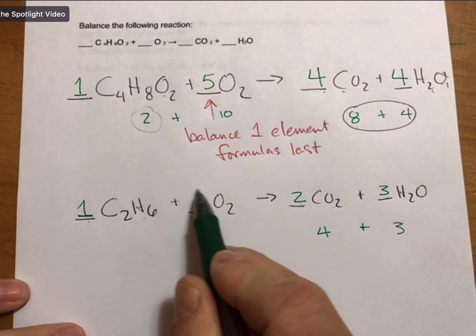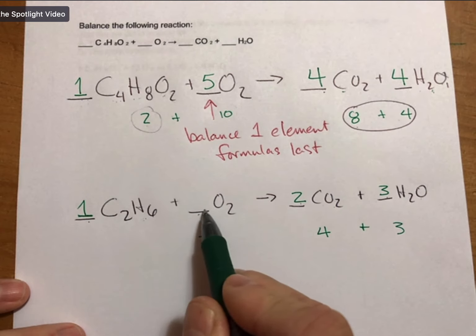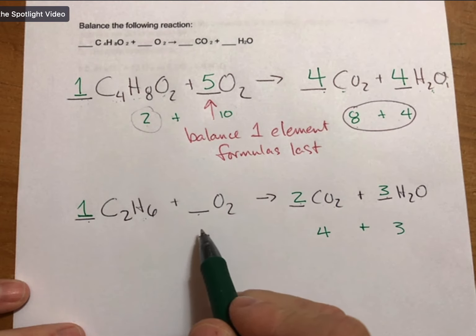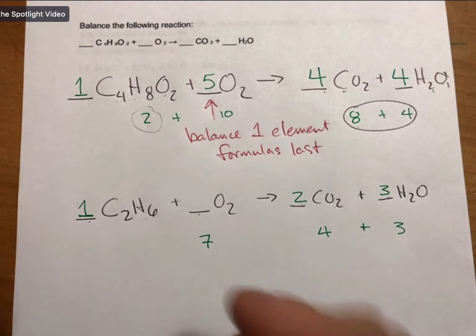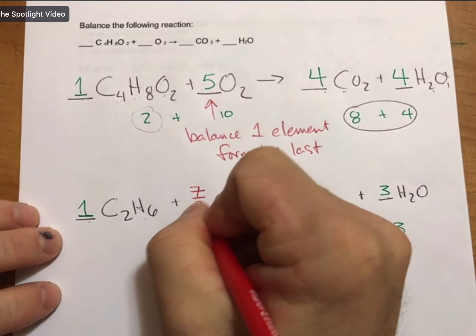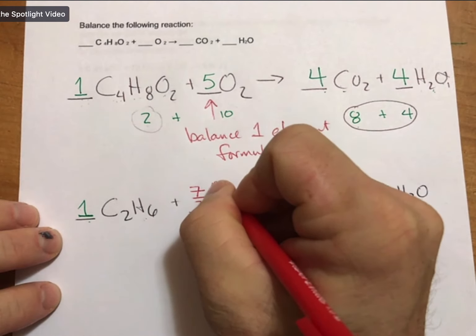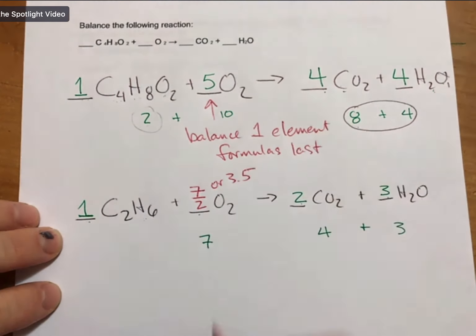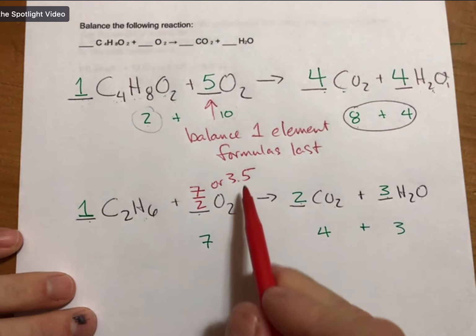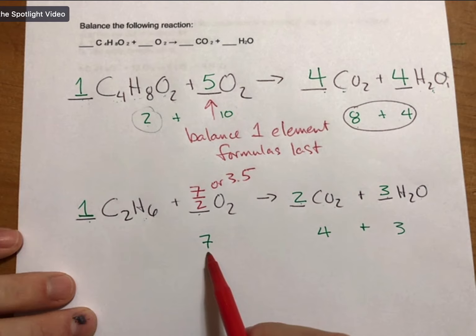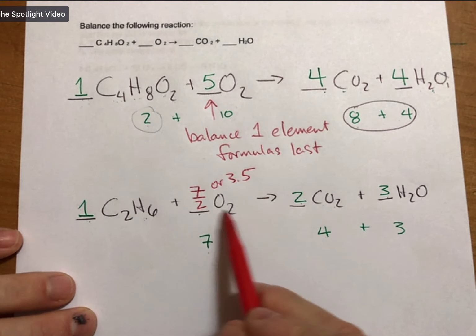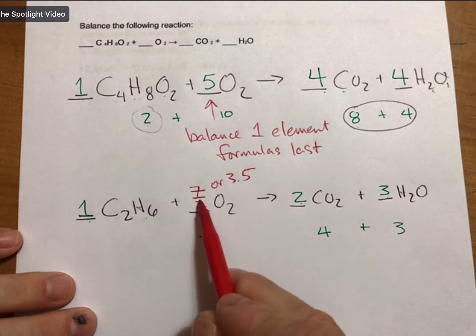If I put a 7 here, 7 times 2 would be 14, so I know the number is not 7. The number is actually 7 halves, or 3.5, however you do it. But 3.5 times 2 is 7, and 7 halves times 2 is 7 as well.